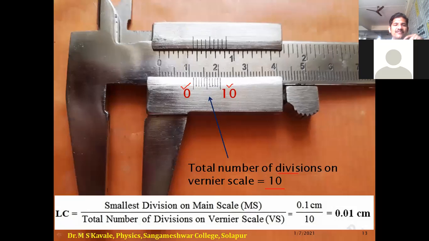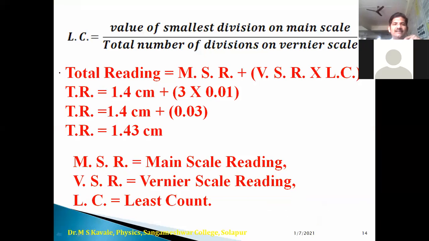Hence, we can write the least count of this Vernier caliper is the smallest division on the main scale divided by the total number of divisions on the Vernier scale, which is equal to 0.1 divided by 10. Therefore, the ratio is 0.01 centimeter, which is the least count of the Vernier caliper. And this is the formula to measure total reading: total reading is equal to MSR plus VSR into LC.